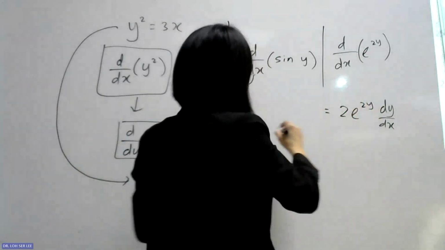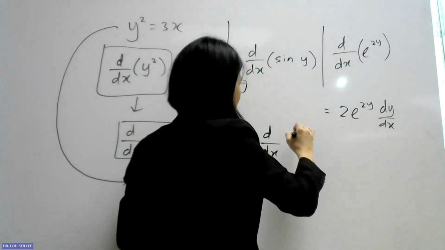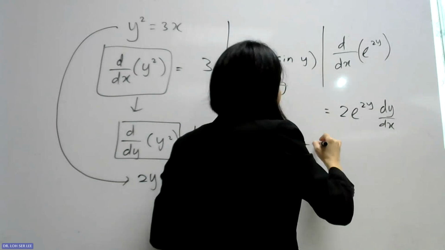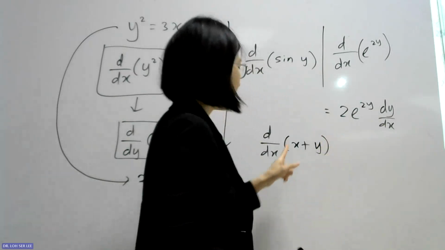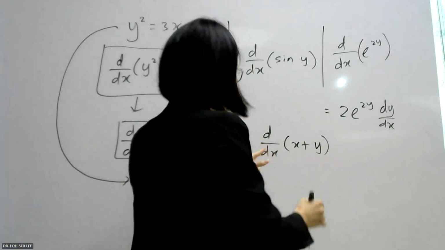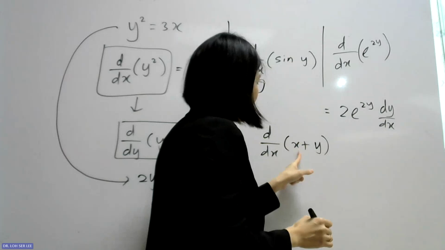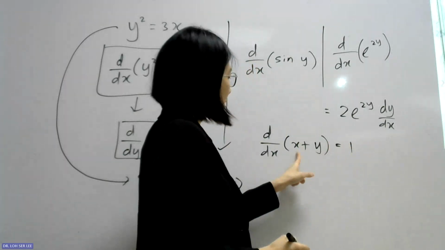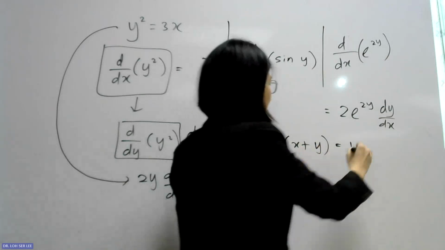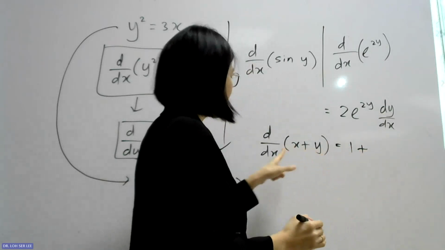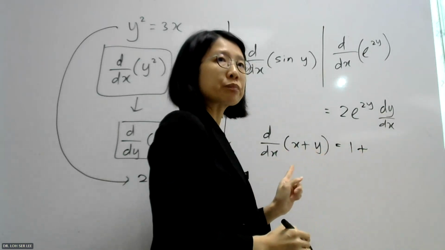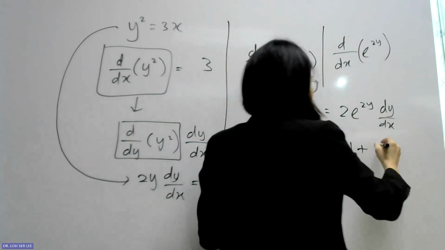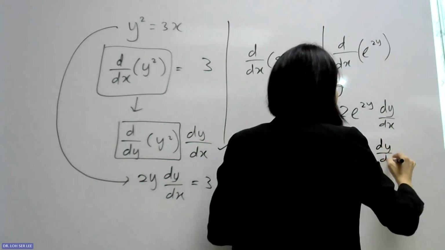Okay, another example, let's say you want to differentiate x plus y. We differentiate this one with respect to x, we get 1, right? And plus, you differentiate y with respect to x, you get 1 times dy dx.